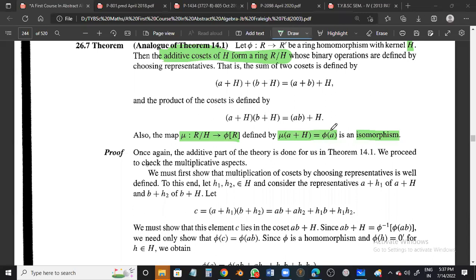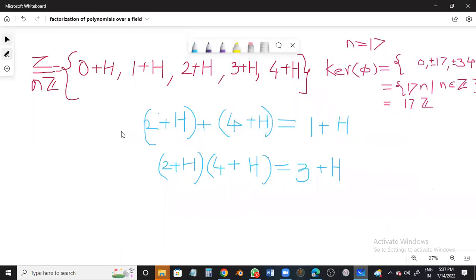From R by H to phi of R, you are taking mu of a plus H as phi of a. So here you can see, let me write like this, mu of 2 plus H will be equal to phi of 2. What is your phi of 2? Remainder when divided by 5.